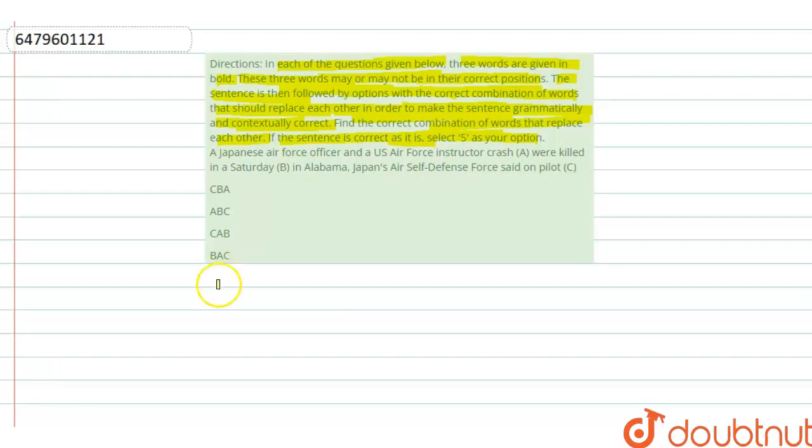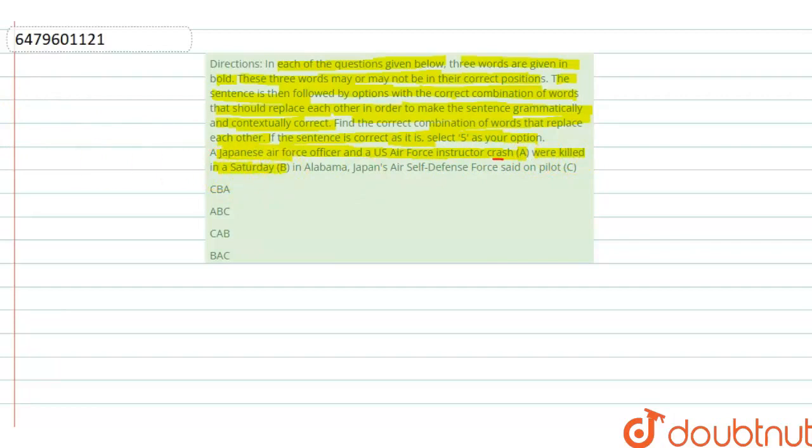So here we have got a statement. In the statement there are some words which are incorrectly placed or their position is incorrect. What we have to do here is match their codes and replace them with the appropriate words. So we will first mention the question. A Japanese Air Force officer and a US Air Force instructor. Our first word is crash, so we will mention this crash, were killed in a.